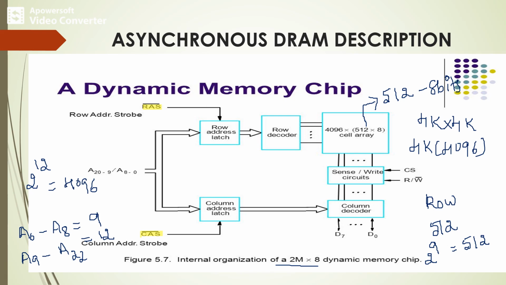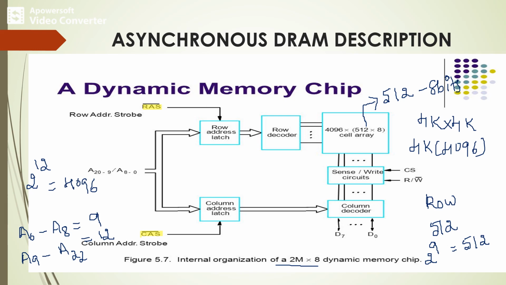So the higher order 12 bits and the lower order 9 bits of the address consist of the row as well as column address of a specified byte. In order to reduce the number of pins on the chip, row as well as column addresses are multiplexed on 12 pins.